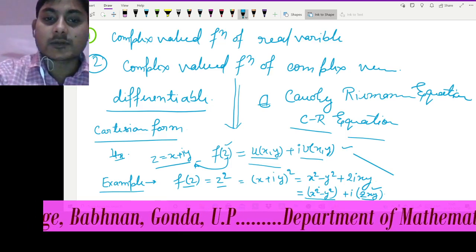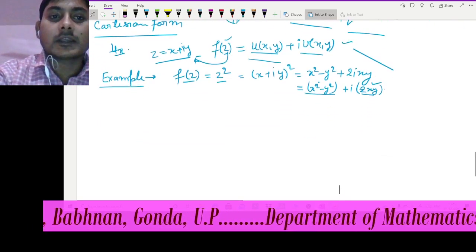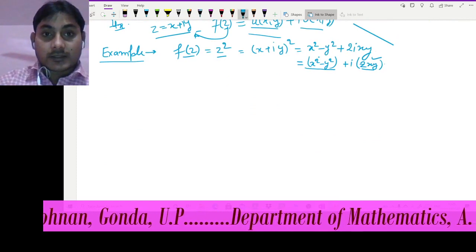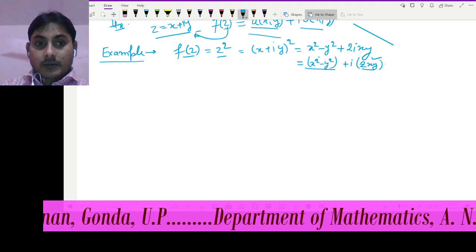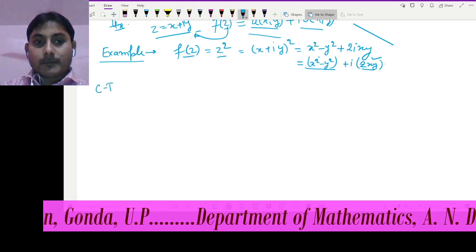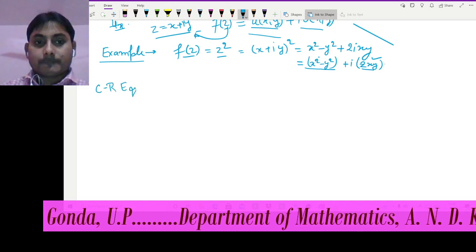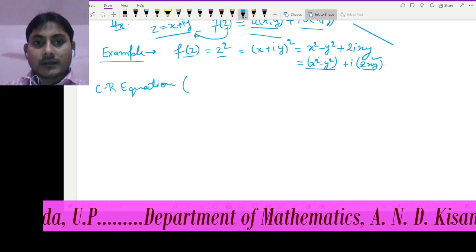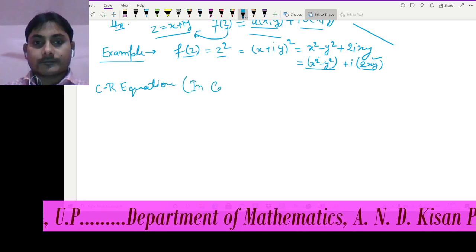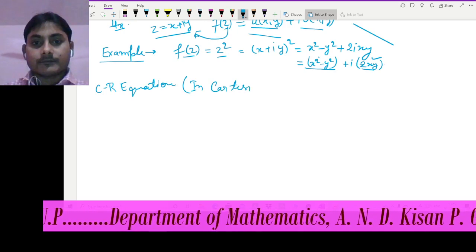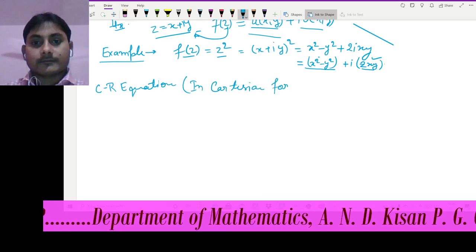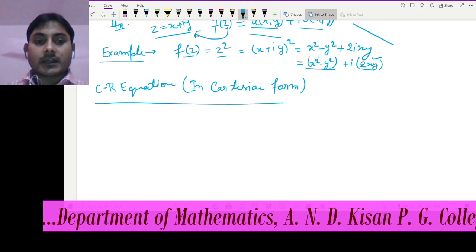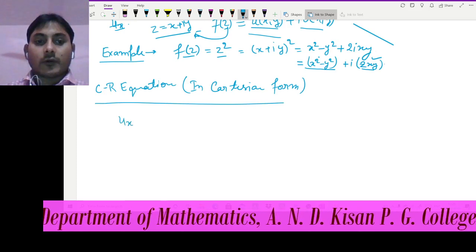Once we have provided this, now I would like to give the Cauchy-Riemann equation, the CR equation in Cartesian form. So what is the CR equation in Cartesian form? It is u of x.